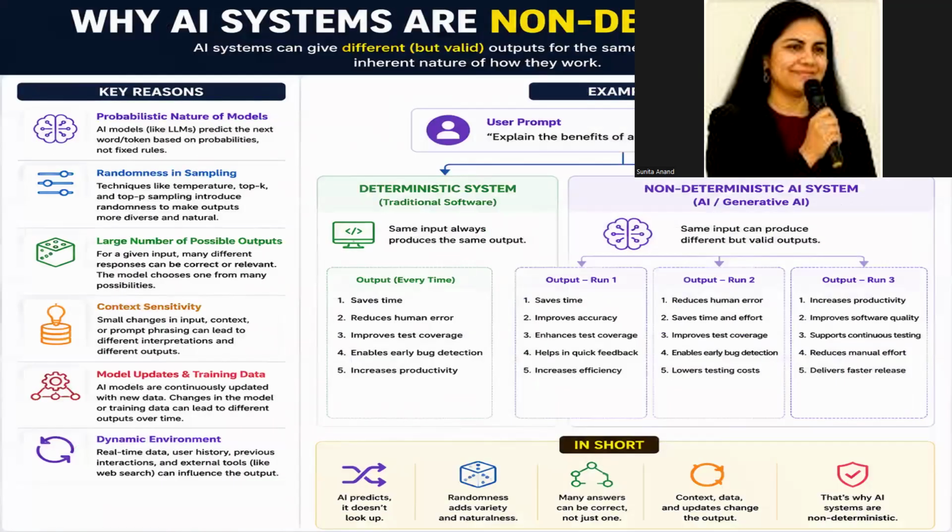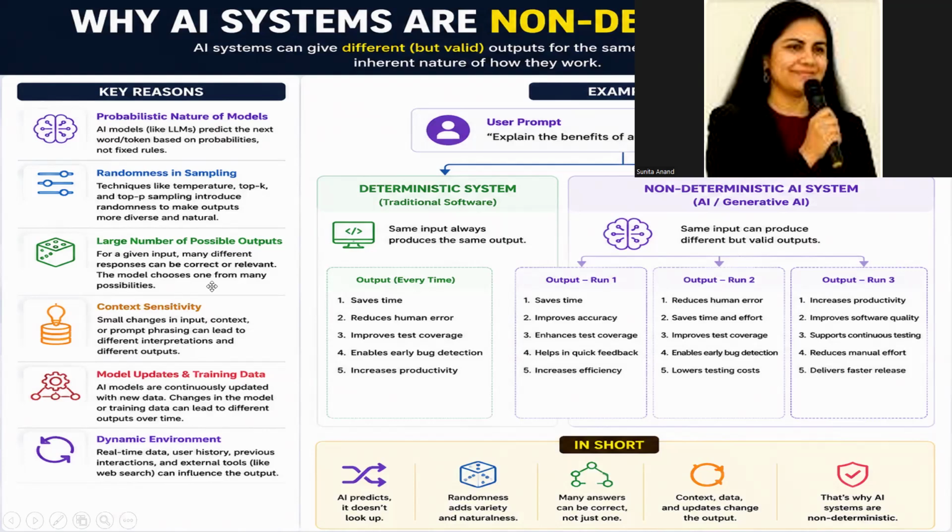Let's come to my third slide, which says why AI systems are non-deterministic. Why don't they give us only one particular result, as we receive when we are testing our traditional software and non-AI applications?